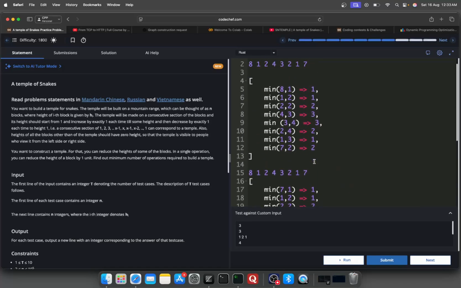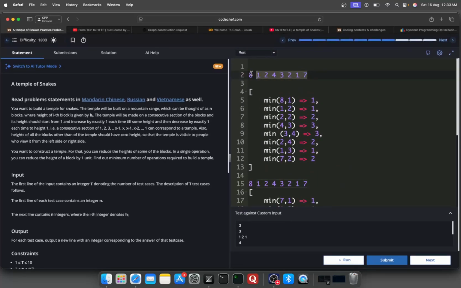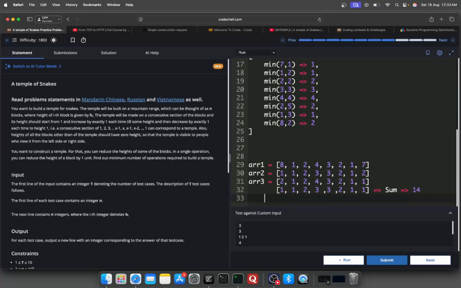If we take this sum, because if we see these elements, we have to convert the elements from the given array to the desired array. And we are allowed to choose any element and decrease it by 1, right?